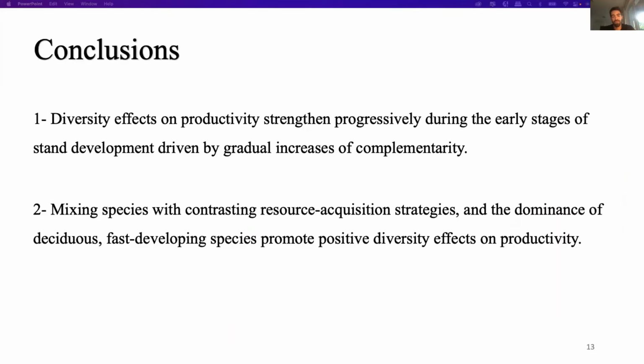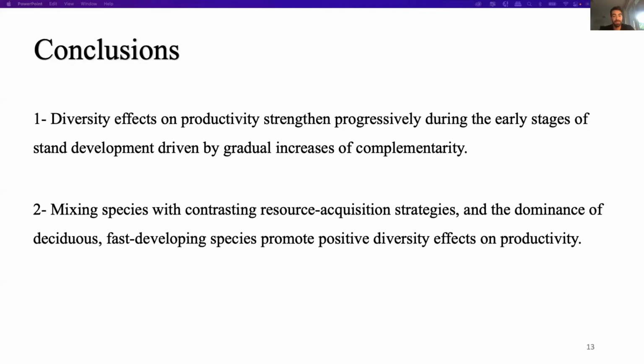So to conclude this presentation, this study shows that, first, diversity effects on productivity increase progressively during the early stages of stand development, driven by gradual increases of complementarity. This pattern seems to be directly related to the progression into canopy closure and the subsequent self-thinning process of stand development, where increasing competition for limited resources and growing space promotes this positive complementarity effect, driving the overall net diversity effect.